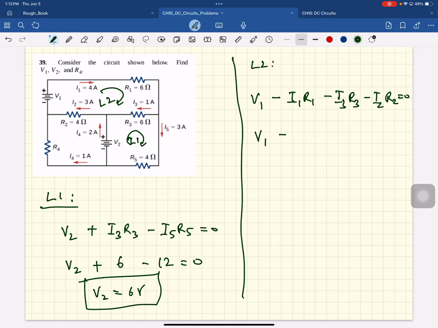I1 R1 is 24. I3 R3 is 6. I2 R2 is 12. 30, 42.